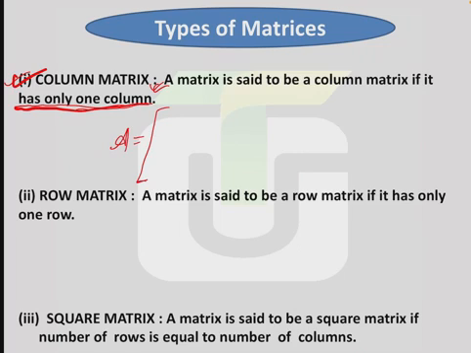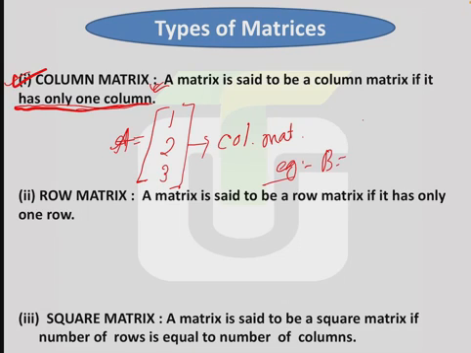Suppose we have taken a matrix A, 1 2 3, only one column is here, therefore we can say that this is a column matrix. So for example, suppose B is equal to 1 2 3 4 5 6.